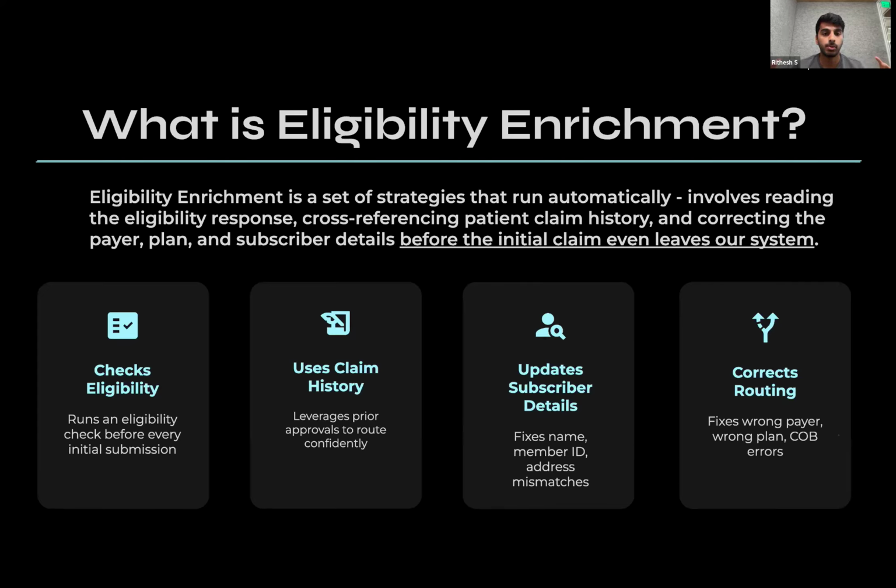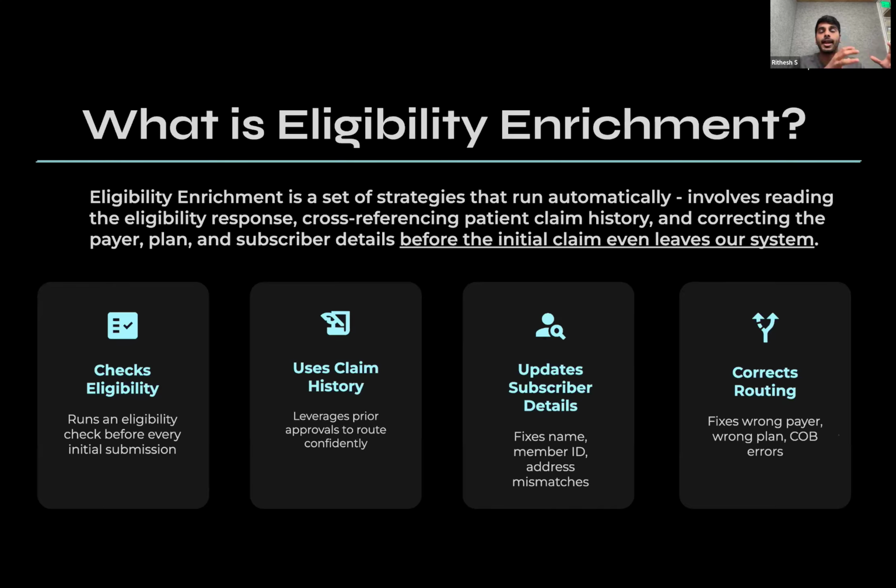And then once we combine all of these inputs with a lot of validations and guardrails, we then make sure that we update the subscriber details correctly. We fix policy numbers using data that has come straight from the payer through the eligibility checks. And then we also fix routing, right? When we think about the EHR, it is inherently a data entry tool, and data entry tools are prone to a lot of errors.